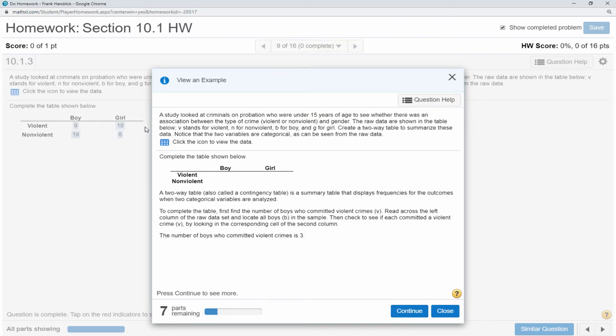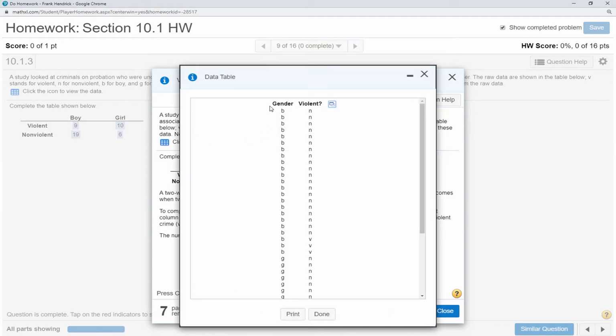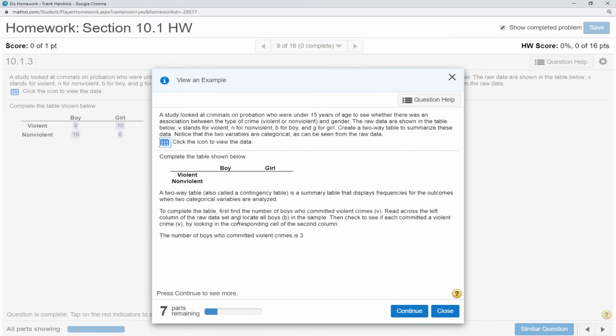The number of boys that committed violent crimes is 3.